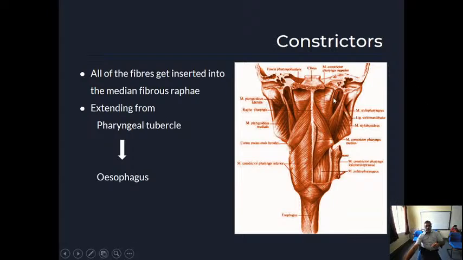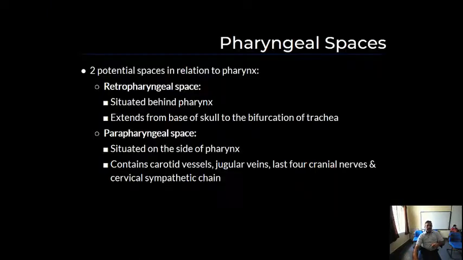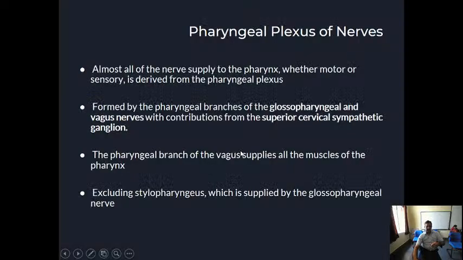Now, as I told you, all these muscles are attached to a midline raphe, the fibrous band. And I told you there are two spaces: the retropharyngeal space, situated behind the pharynx, and the parapharyngeal space situated on the side of the pharynx.